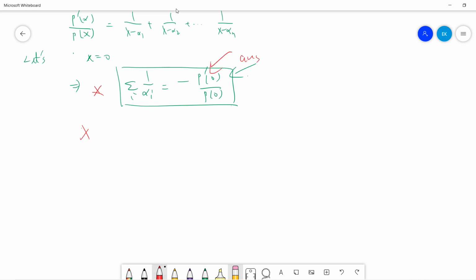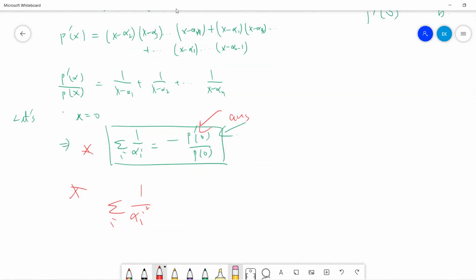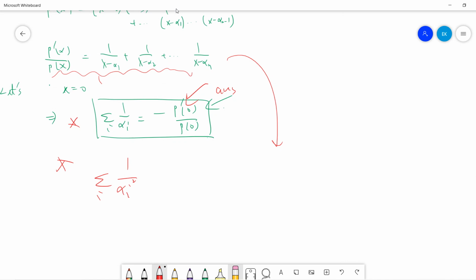Okay, and for the second example, I think everyone knows how to do this. The idea is that we do the differentiation with respect to x again. So that's d/dx of p prime divided by p, and then we will get this.